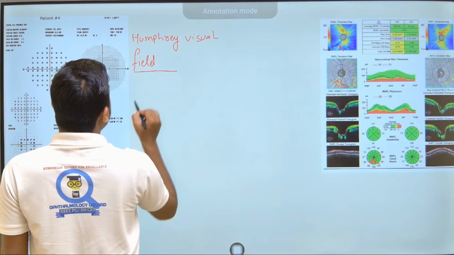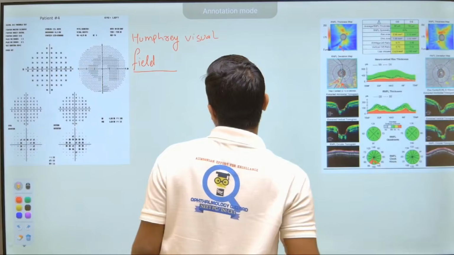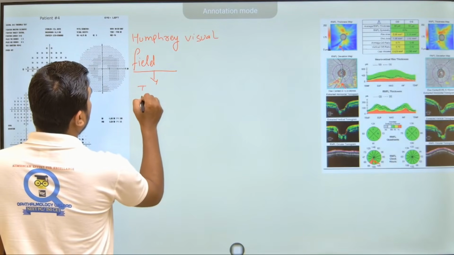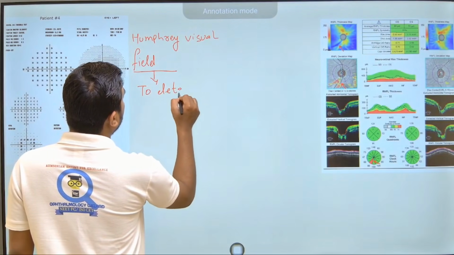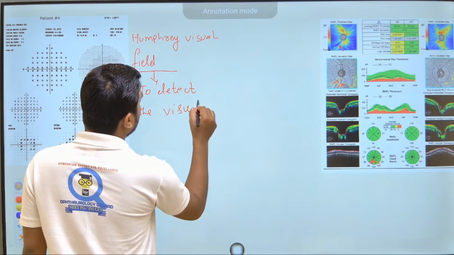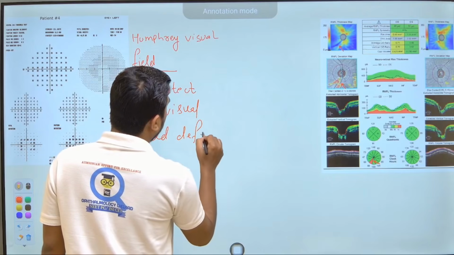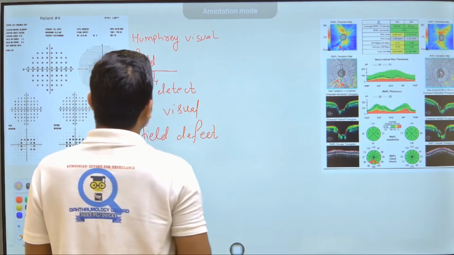Okay, this is very important, to detect the visual field defect.